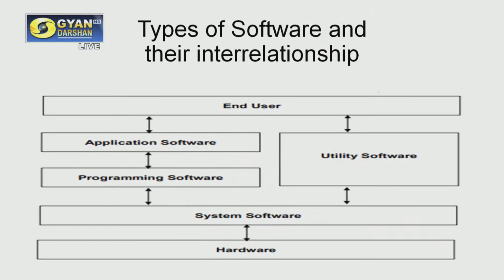So the software is interconnected, and the interrelationship of these different types of software is shown over here, wherein at one place we have the end user, and at the other end we have the hardware, and in between we have application software, programming software, utility software, and system software. In this session, we are going to discuss all these four classes of software, that is application software, programming software, system software, and utility software.